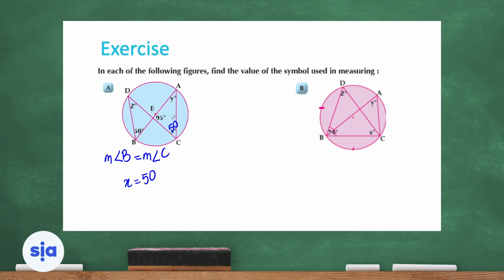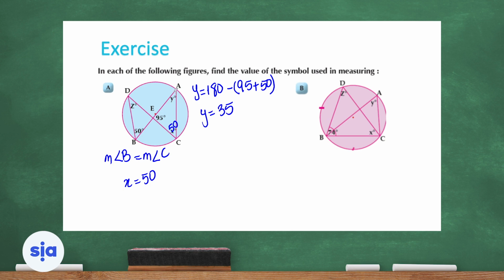After that, in this triangle ACE, you can easily find y. Y equals 180 take away 95 plus 50. So y equals 35.